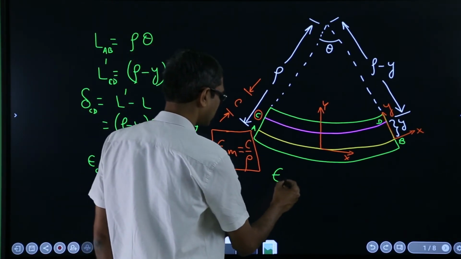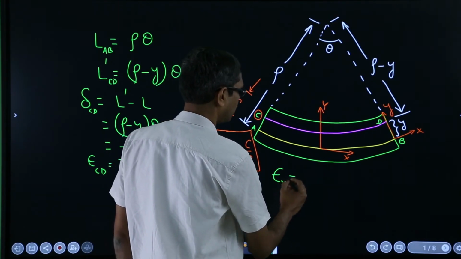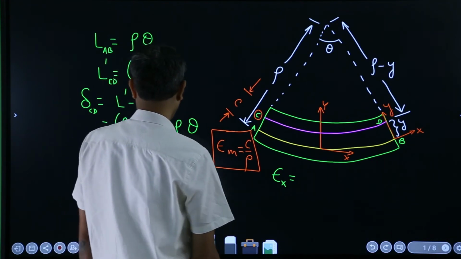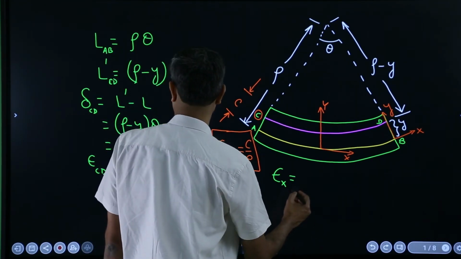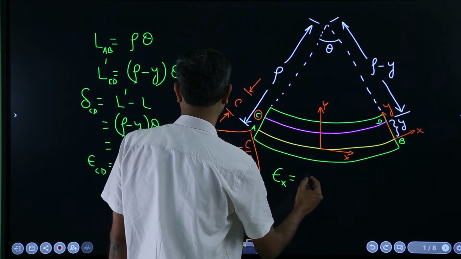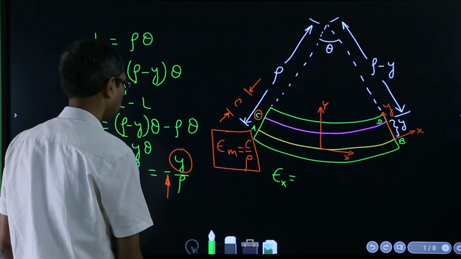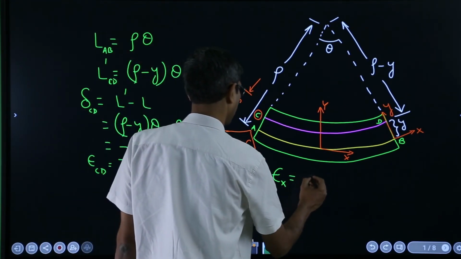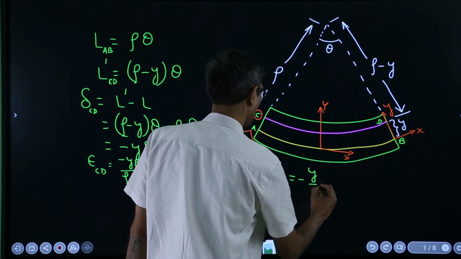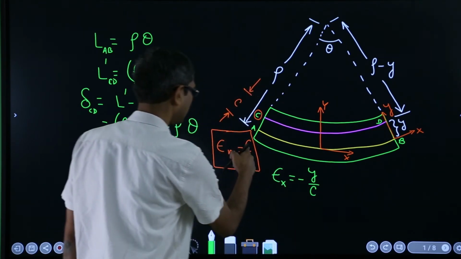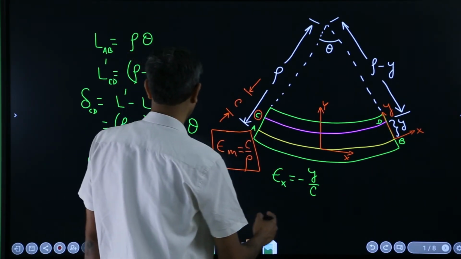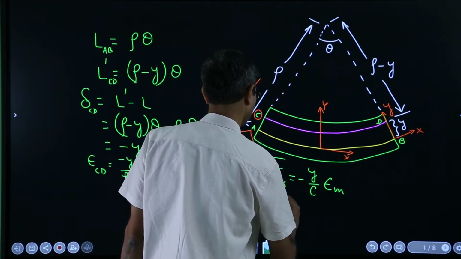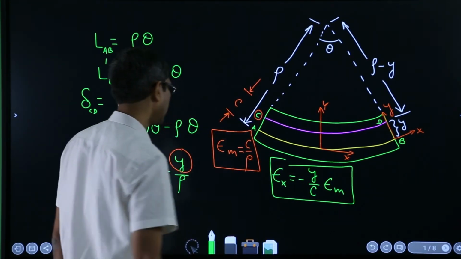So epsilon x, the strain in the x direction, will be equal to minus y over c times epsilon max, right.